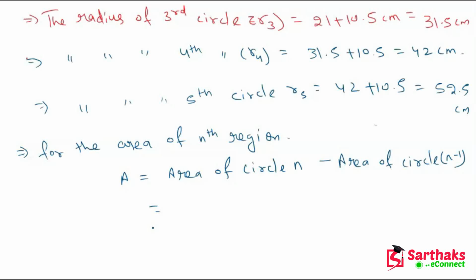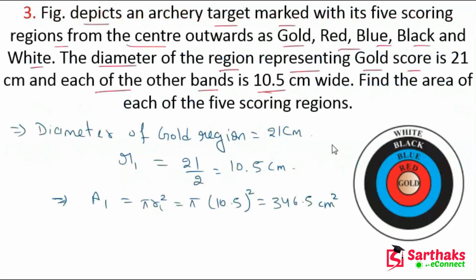So here we have the value of n as 3. The area of the blue region equals the area of the third circle minus the area of the second circle.